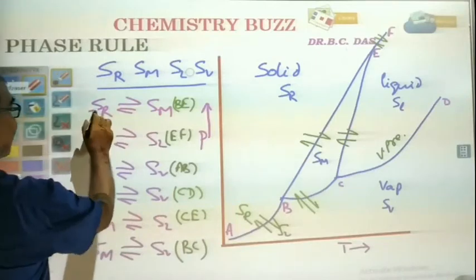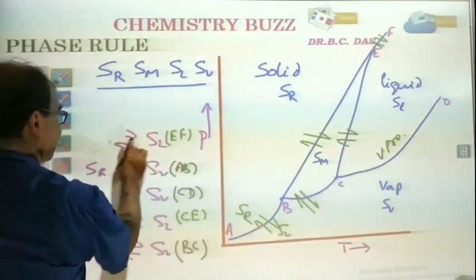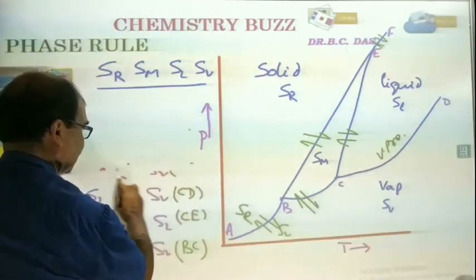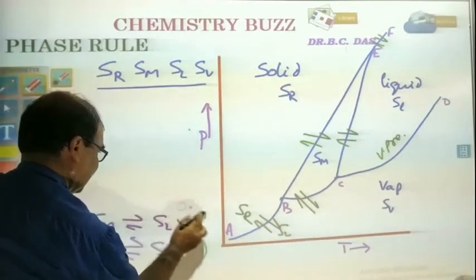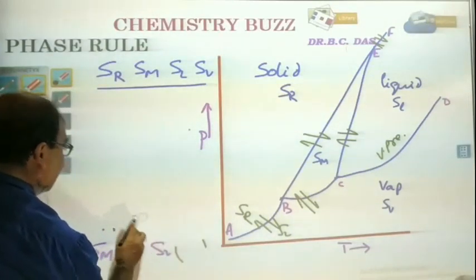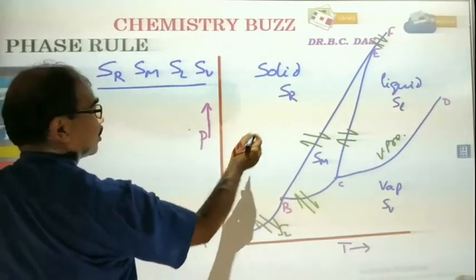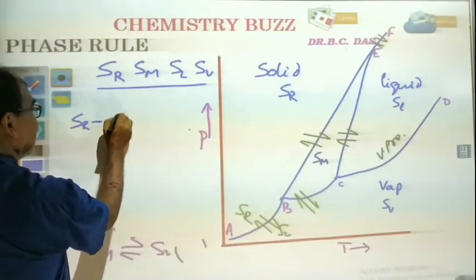So for the 3 phase equilibrium, how can we find it mathematically, and that we will plot in the graph.